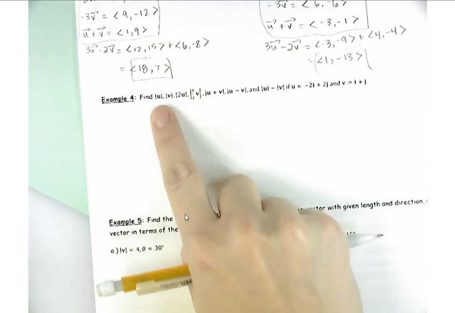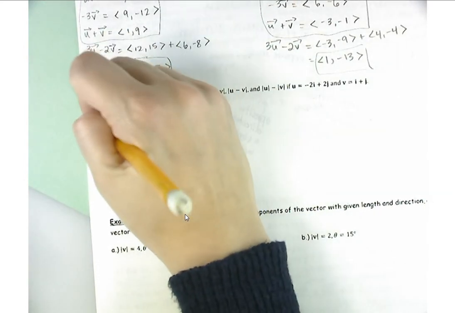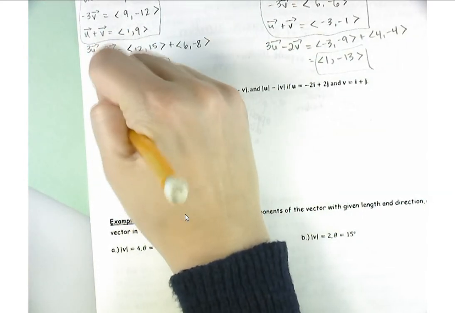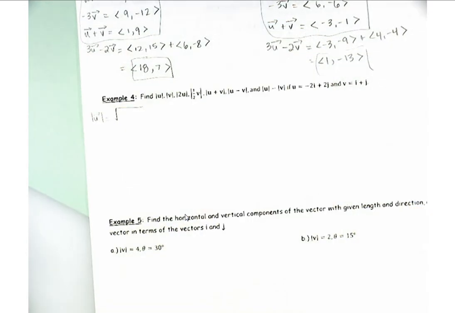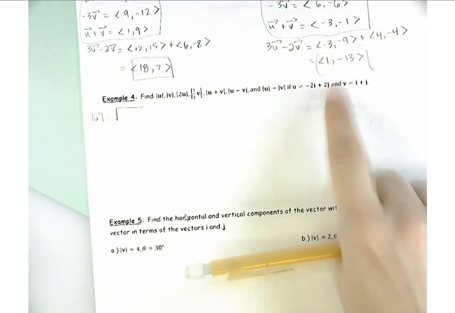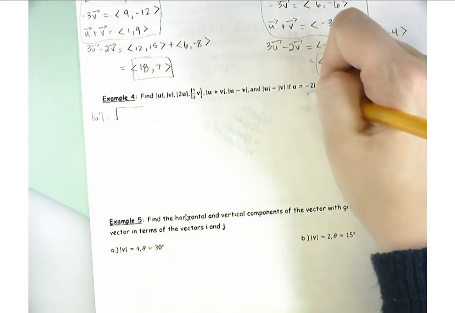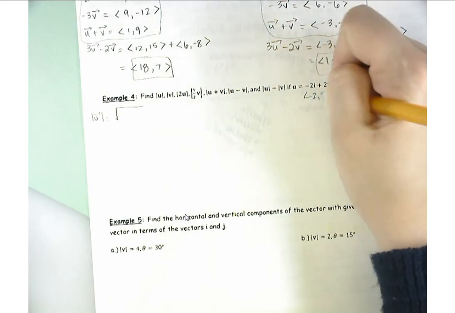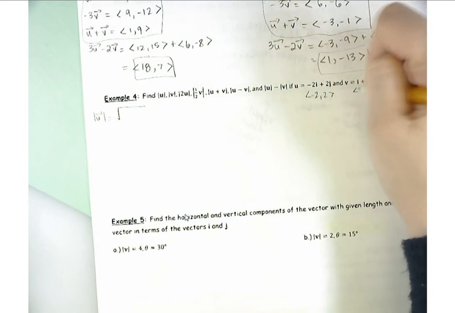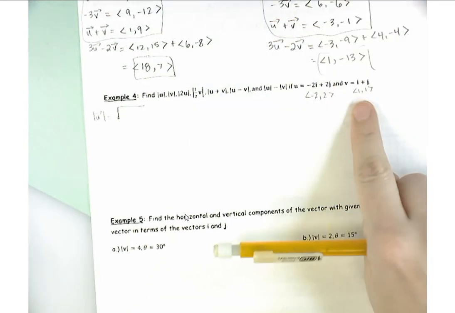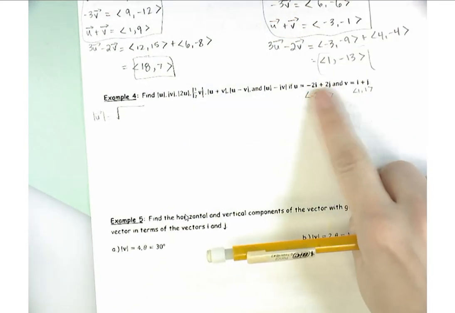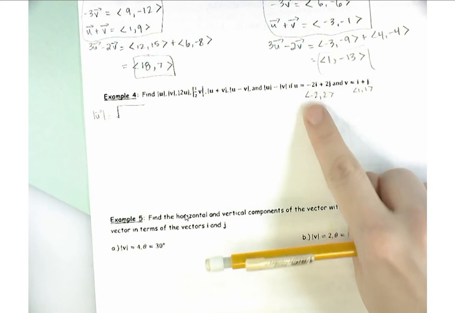So the first one, the magnitude of u, is going to be the square root of a squared plus b squared. Okay, and if you want to write these in terms of component form, like negative 2, 2, you could do that if you like that notation better. The a and the b are the coefficients of i and j.